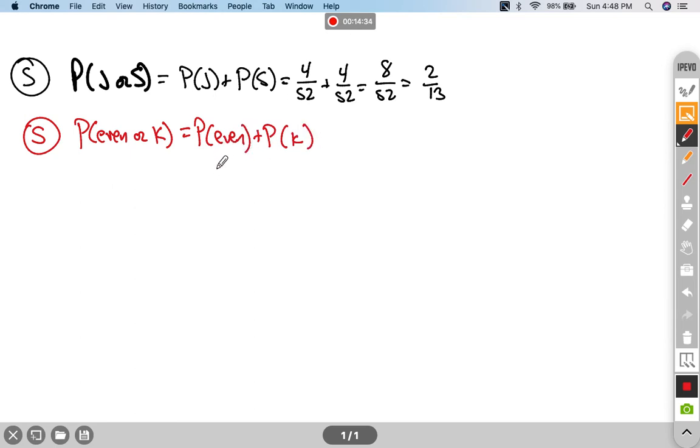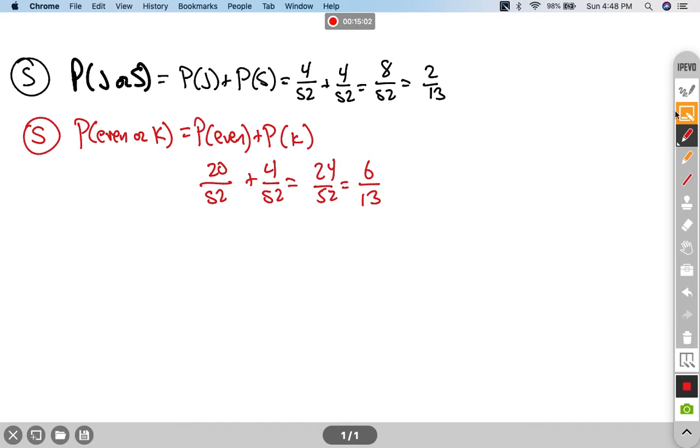Probability of being even, there are 20 out of 52, because we've got 2, 4, 6, 8, 10 for each of the 4 suits. Probability of being a king, there's 4 kings. So we're going to get 24 out of 52, which would be 6 out of 13.